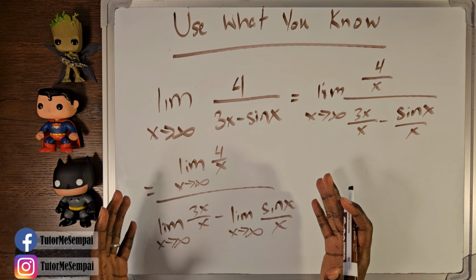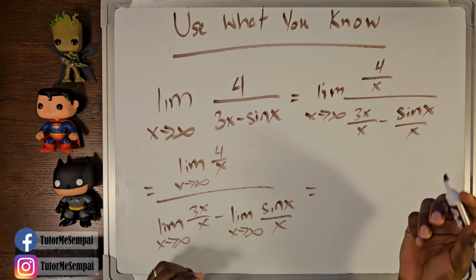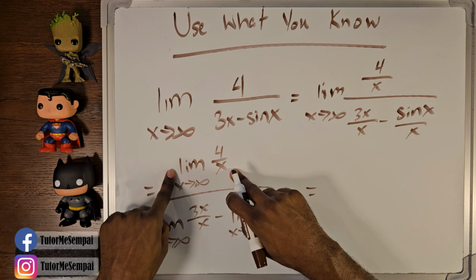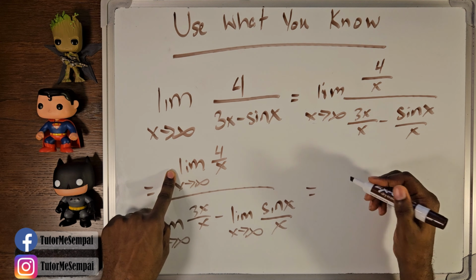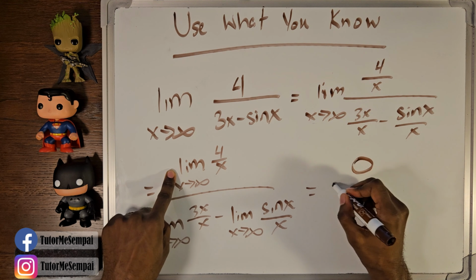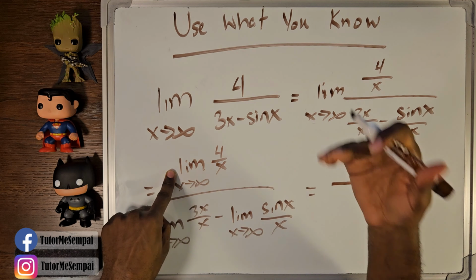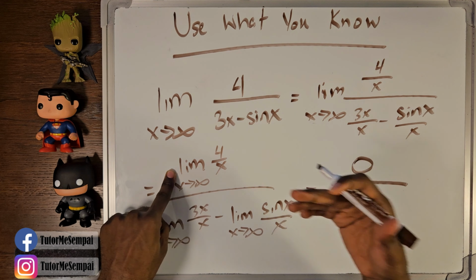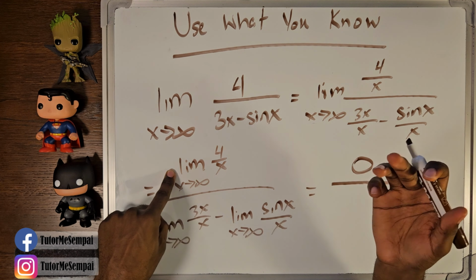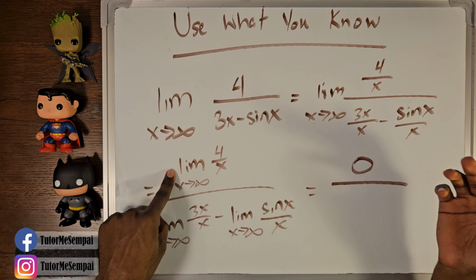This is what our property tells us. Now, by finding these individual limits, we know that the first is going to be 0, because 4 over x is going to be the same as 1 over x, and as x goes to infinity, it all goes to 0.